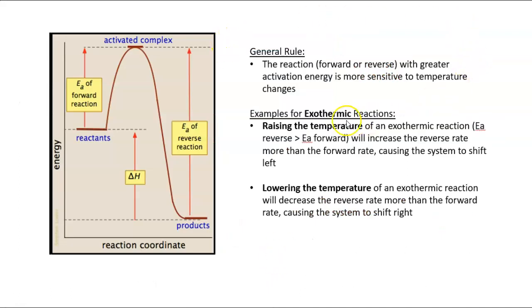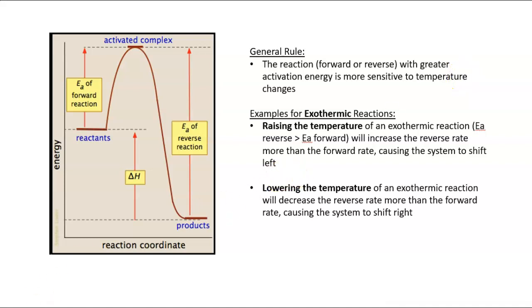So the general rule about the shift mechanism for temperature changes is that the reaction, either forward or reverse, with the greater activation energy is more sensitive to temperature changes. If a reaction is exothermic, the forward activation energy is lesser than the reverse. Meanwhile, if a reaction is endothermic, the forward activation energy is greater than the reverse.